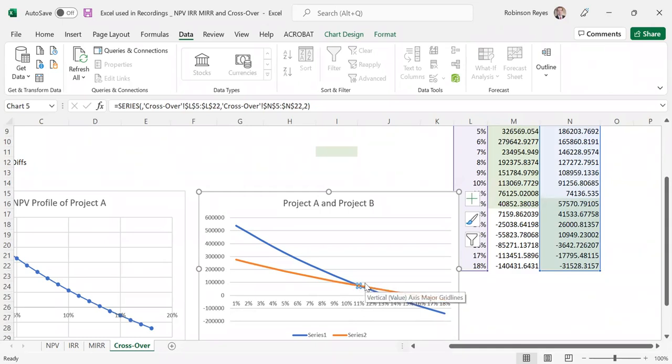You can choose either of the two. But before this crossover rate, project A is better than project B. After this crossover rate, project B is better than project A. So, do you choose project A or project B? It depends. What is the discount rate?